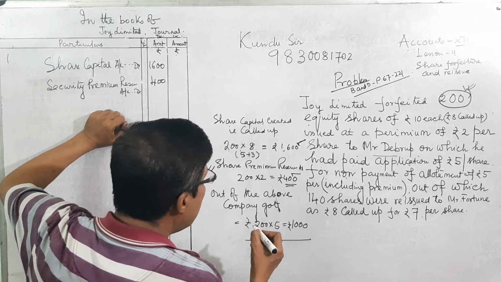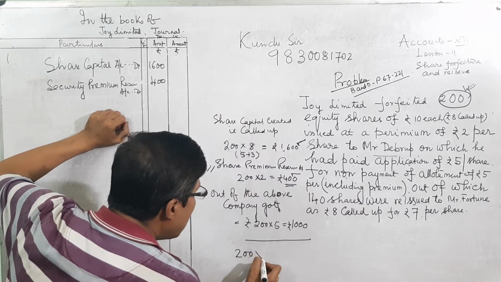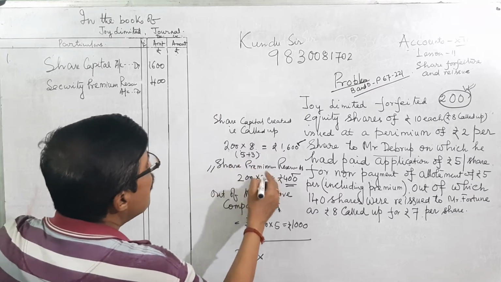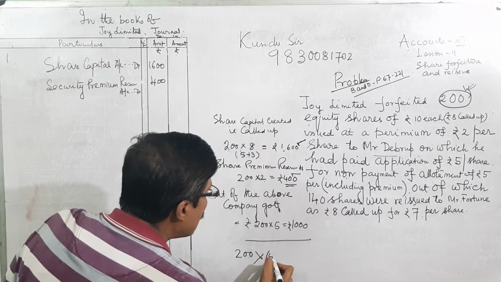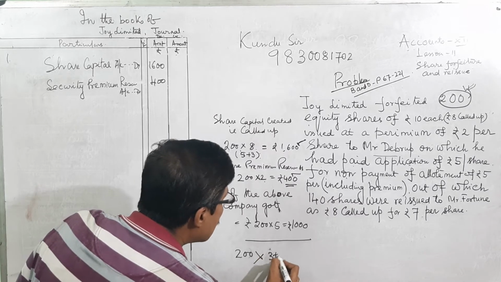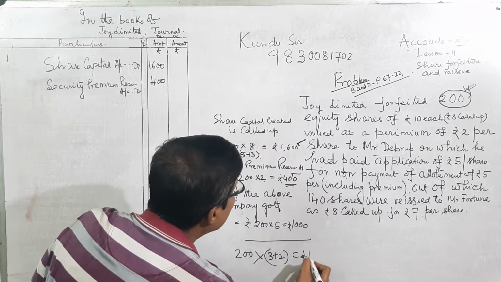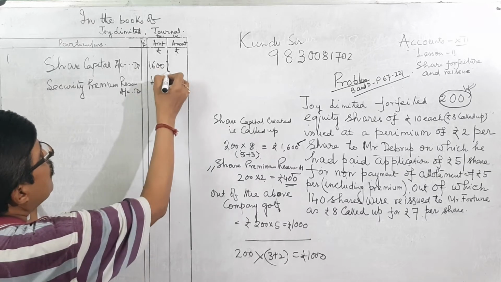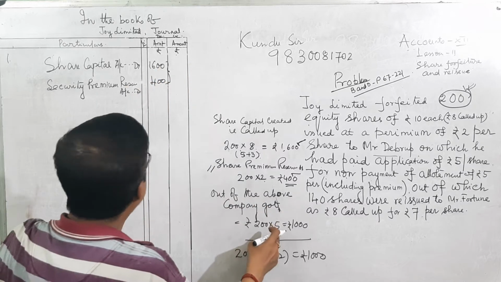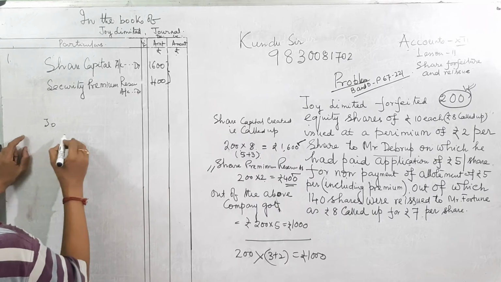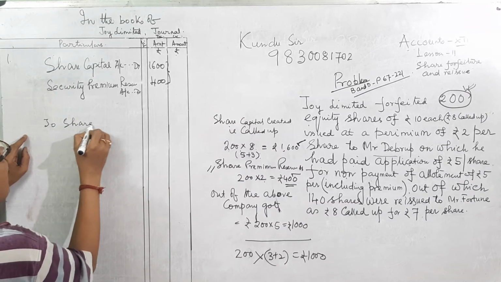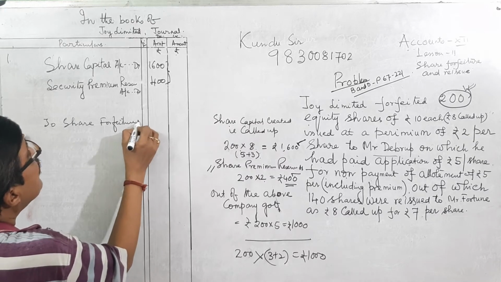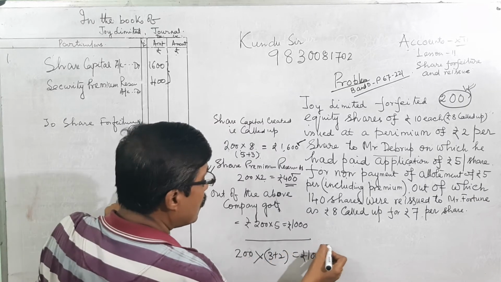Unpaid amount is 200 into, at the time of allotment, 3 plus 2, equal to 5, equal to rupees 1000. We have not received. That means our due amount is this. We have received this, and we have not, that is it, share forfeiture account and calls in arrear account.